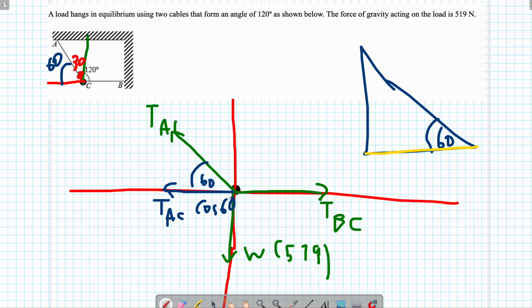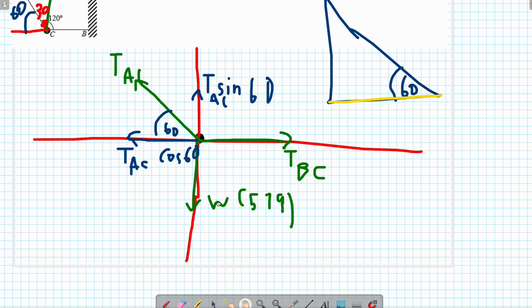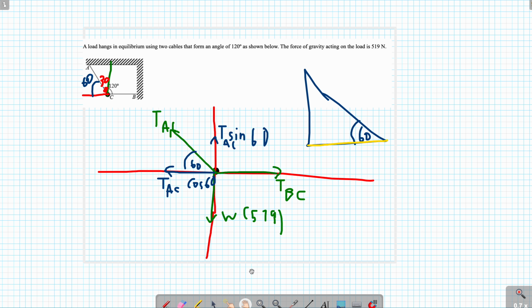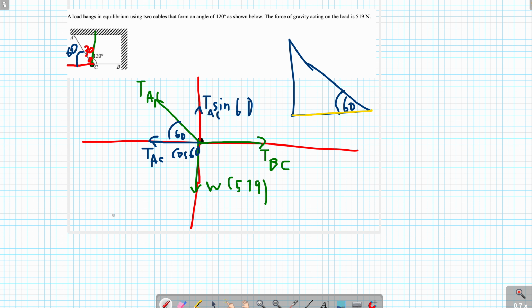Then up here we'll do the opposite, like there is no other way. T sine 60. TAC, like they're different tensions, so we don't get confused. Now they want the tension in AC and BC.